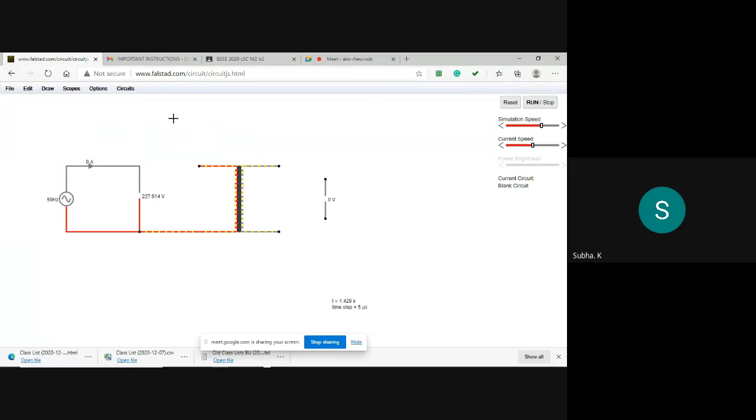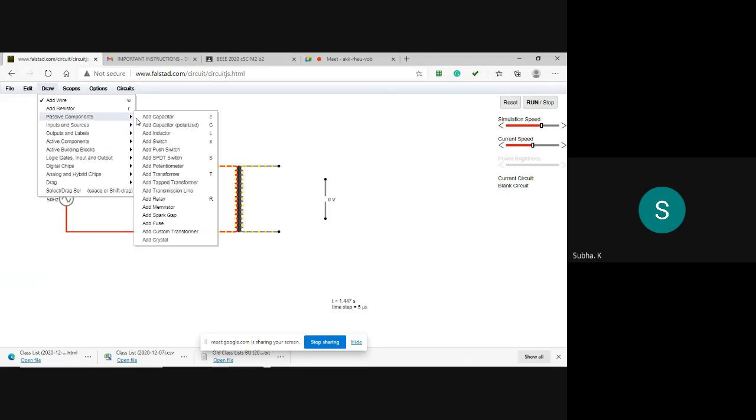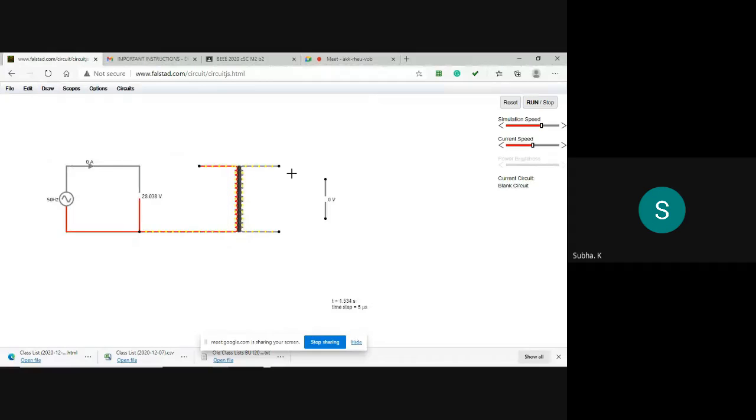I will try and see what happens. If it works out, we can also do the same thing. Otherwise, we can stop with taking input voltage, input current, and output voltage, output current alone.